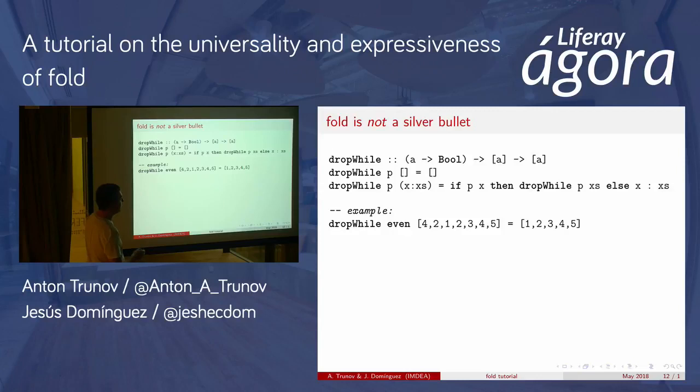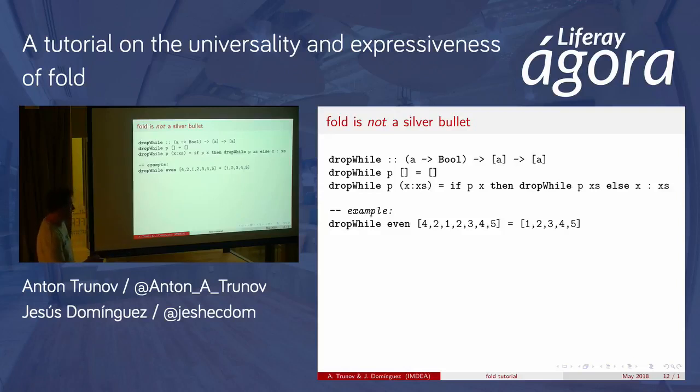But when we go through the list, here we're saying, okay, this element, let's say the first one, satisfies the predicate, so hence it must be dropped. So we do not mention x here in the recursive call. But if this predicate breaks at some point, we must return the input list.